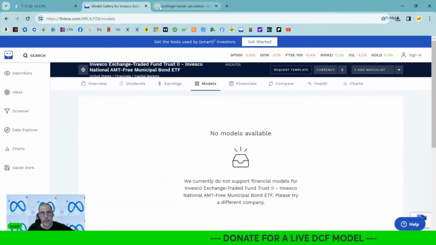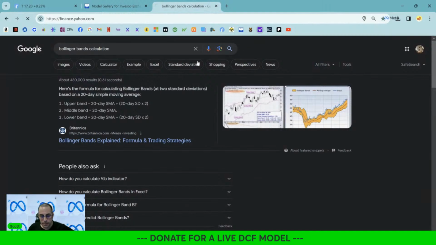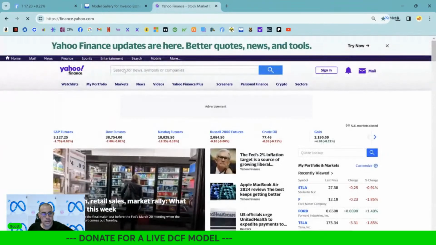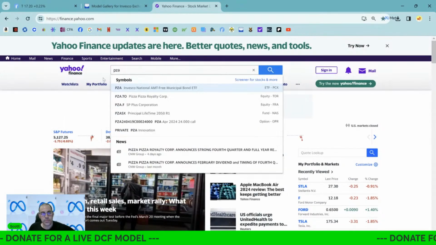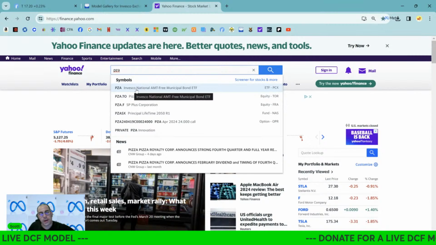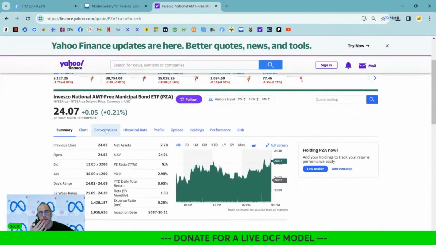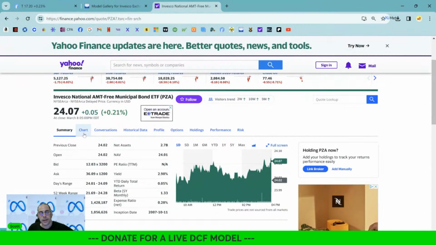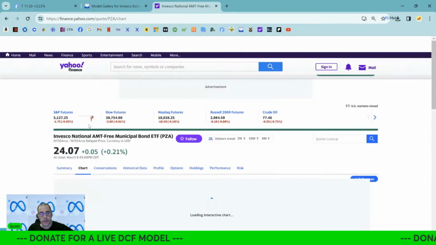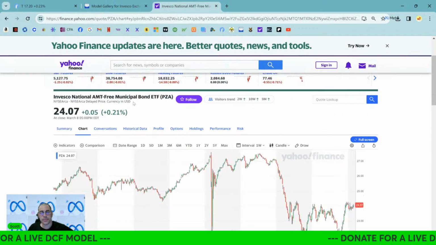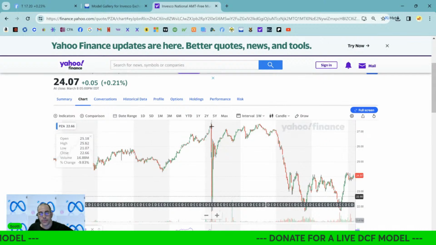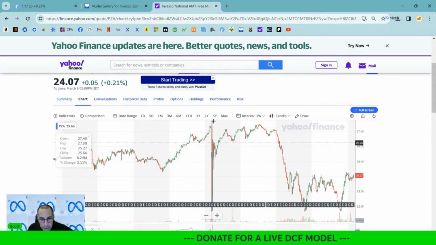PZA. Oh, this is a muni bond ETF. So this is probably a pretty low risk, low return investment. Wow. How could it go down so much?